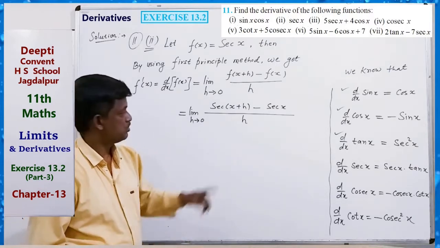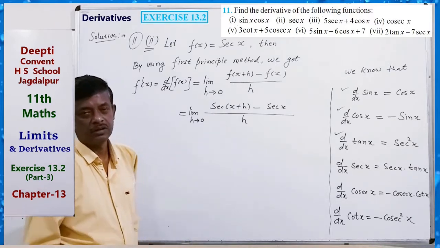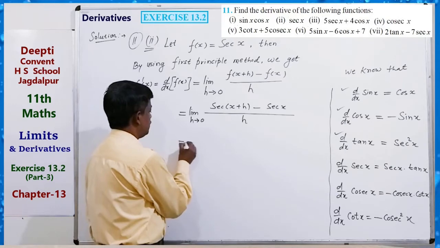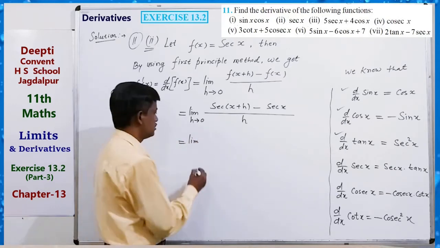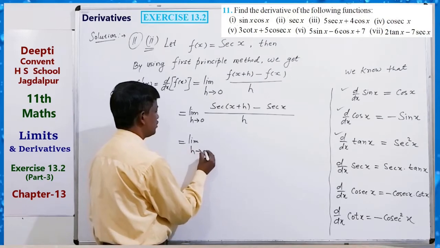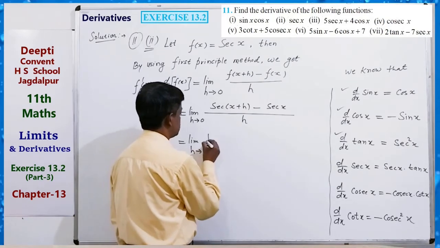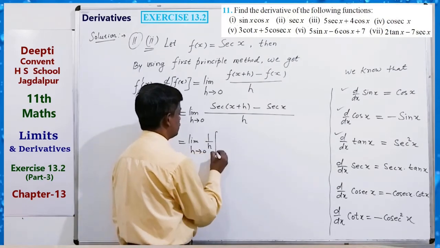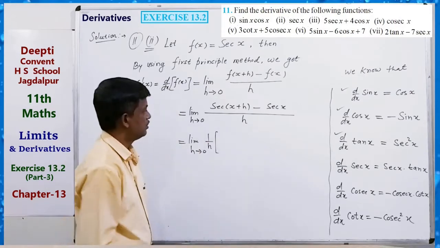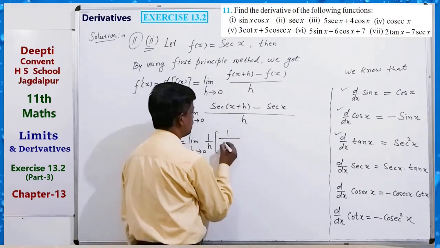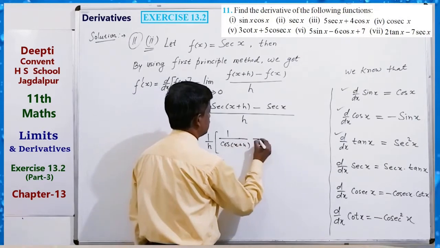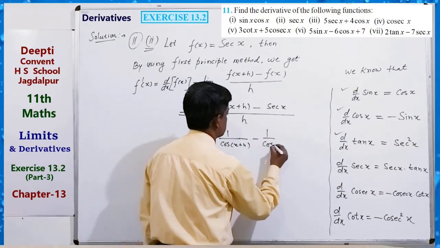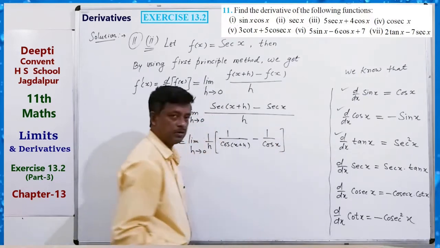So here sec can be written as 1 by cos. Either in sin or cos form you can convert first. So 1 by h is here. Now sec means 1 upon cos(x plus h), minus 1 by cos x.